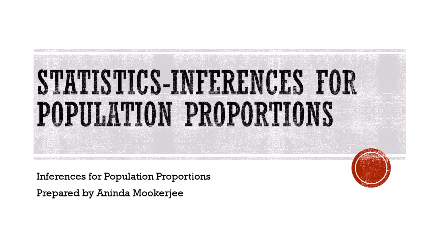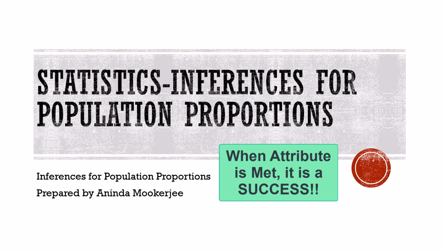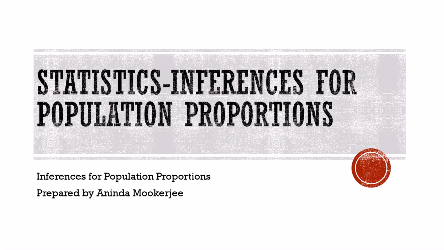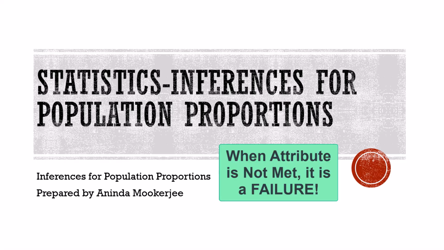All right. So those who met the specified attribute, it would be considered a success. They met the specified attribute I'm looking for. And then those who didn't meet the attribute, that means those who are unable to pass the course, they would represent the failure end of the attribute.